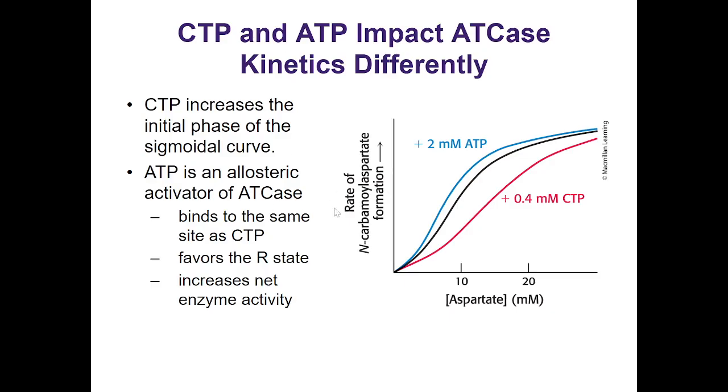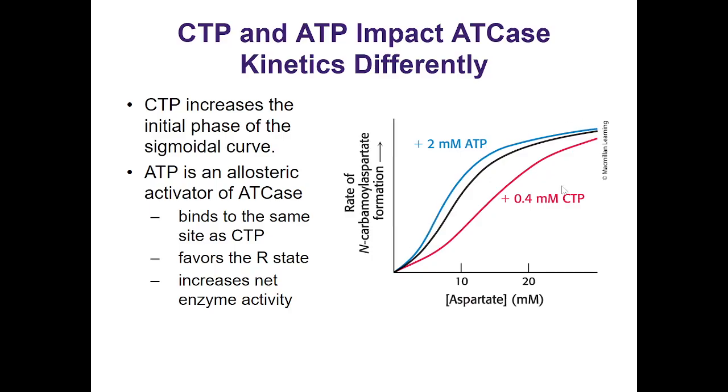Okay, so the CTP is going to increase the initial phase of your sigmoidal curve. This is where we see that this one right here is actually adding 2 micromolar of ATP, and we can actually see that the addition of ATP is an allosteric activator. Can you see how it reaches that curve faster?